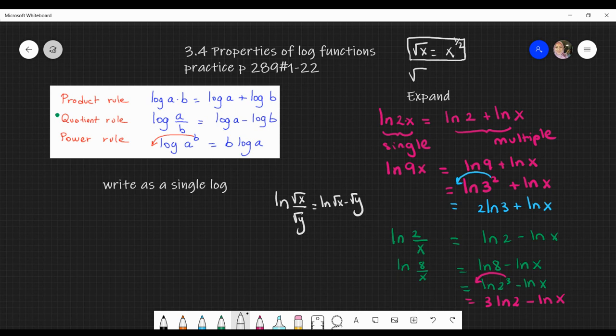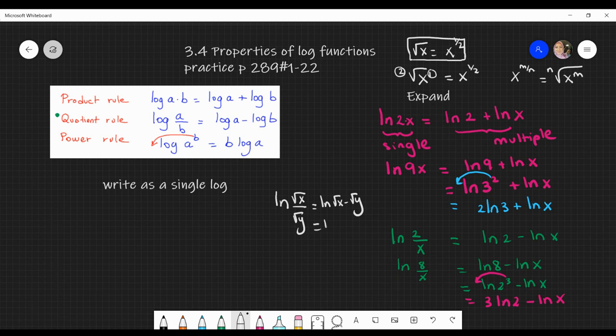But to understand that, a square root has an index of 2 that we don't write, and an x has a power of 1 that also we don't write, which makes it a power of half according to the rule going from a radical to exponential, or exponential to radical, x to the power m over n. So the n is the index, the m is the exponent, inside over outside, which makes it 1 over 2.